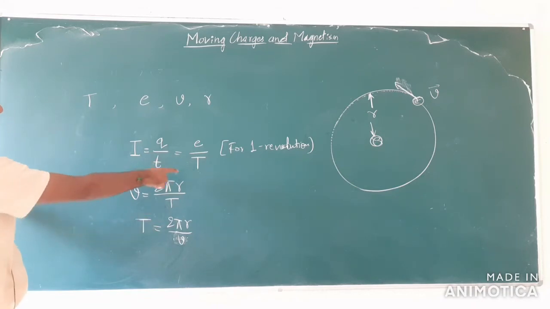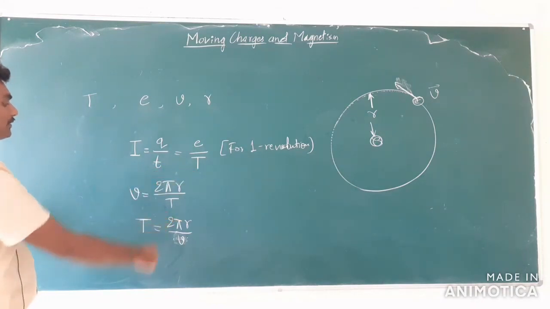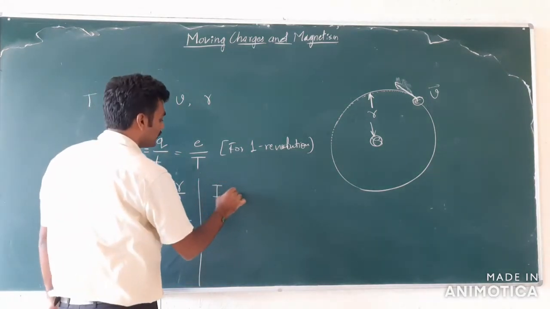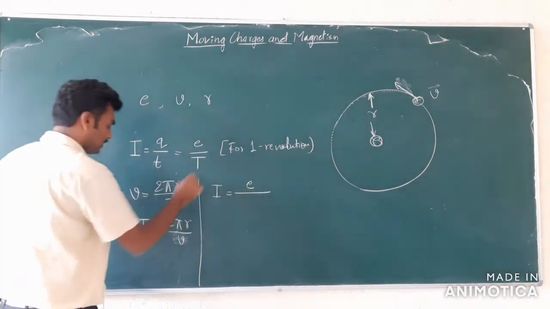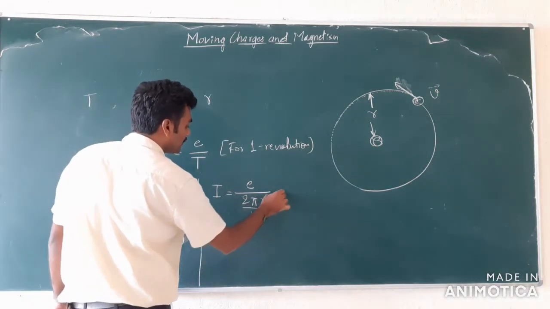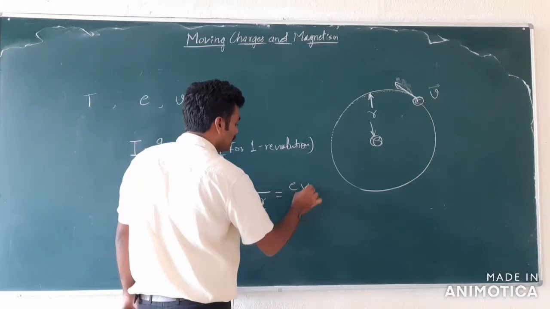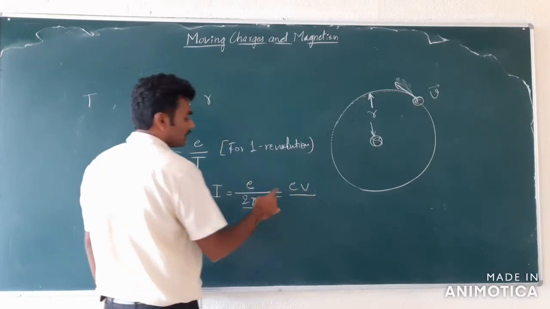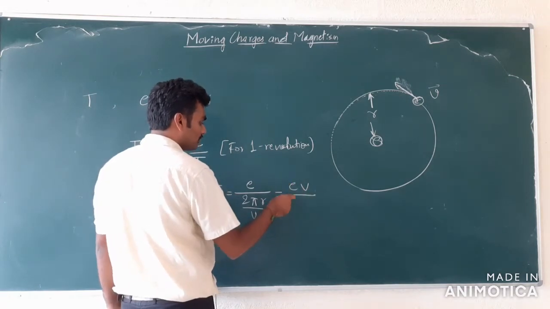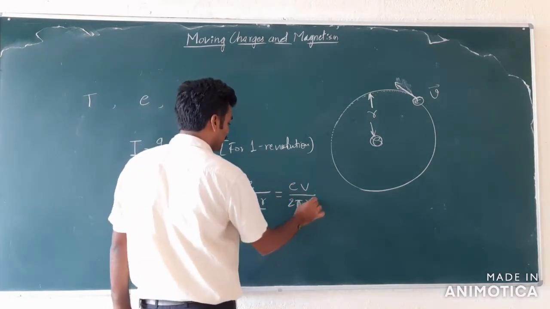So now I can replace the value of T using this 2 pi r by v, and hence I get the current expression is equal to e by T, with T as 2 pi r by v, which is equal to ev, okay, not electron volt, this is e, charge of electron, v is the speed of electron, by 2 pi r.